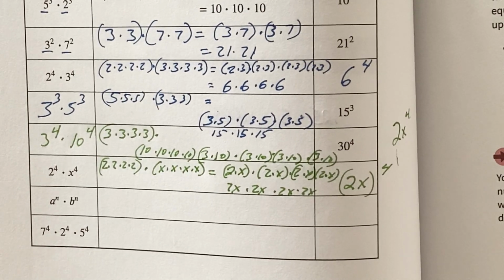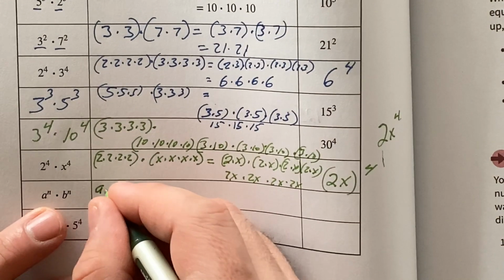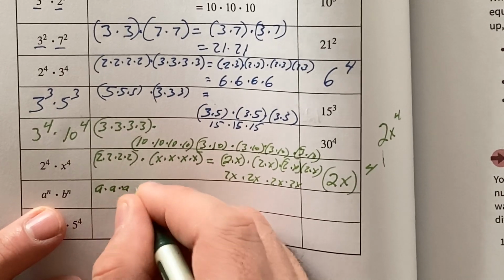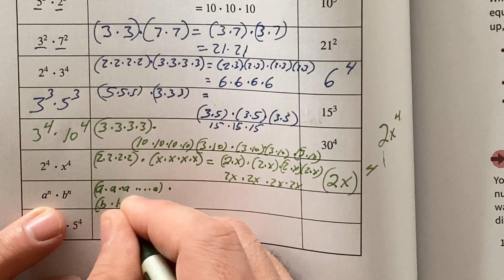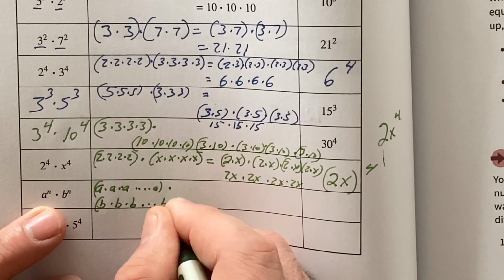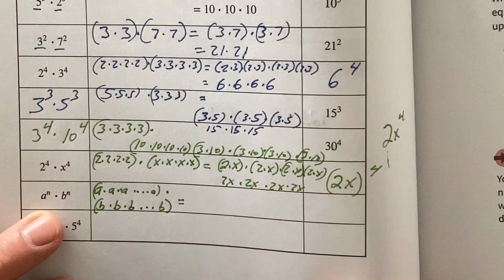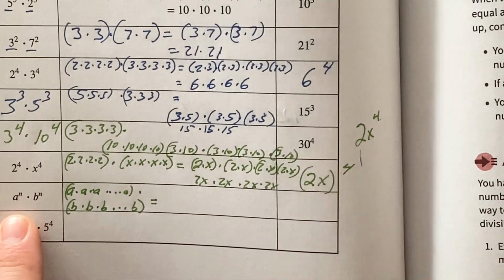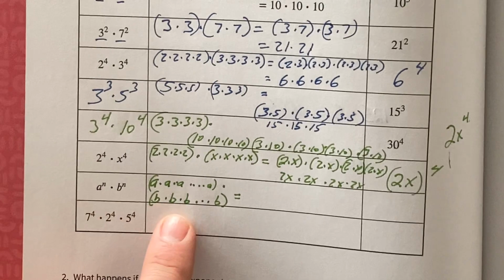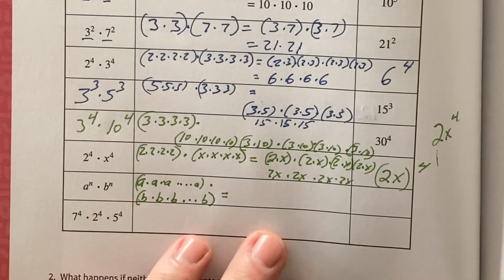Okay, the next one. I have no idea how many A's I have. I have no idea how many B's I have. But what do I do to this A and the B? What pattern have I established here?